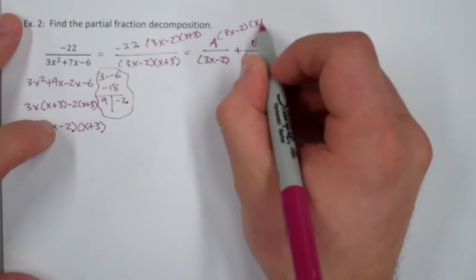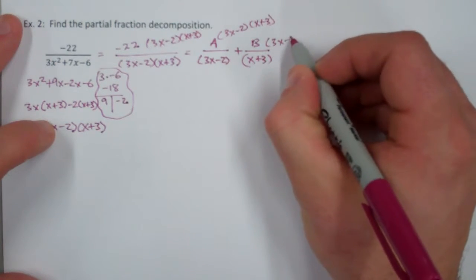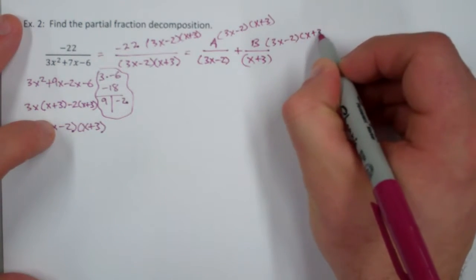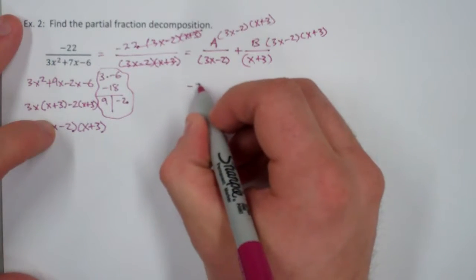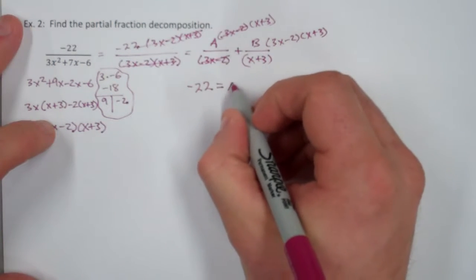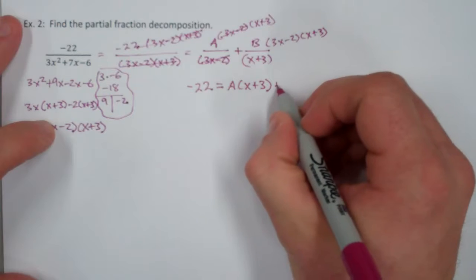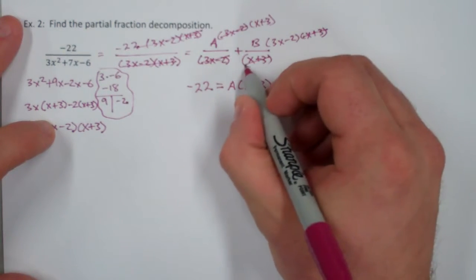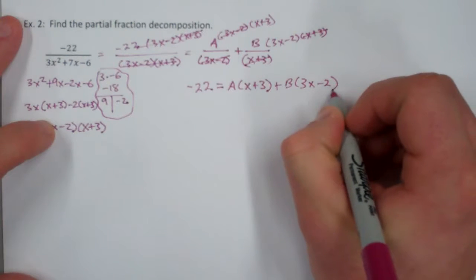Remember, if you multiply one side of the equation by a value, you need to multiply the other side by the same value. And so these will be gone, so we'll be left with negative 22. 3x minus 2 is gone here, so we've got x plus 3. And on this side, the x plus 3 is gone, so we've got 3x minus 2.